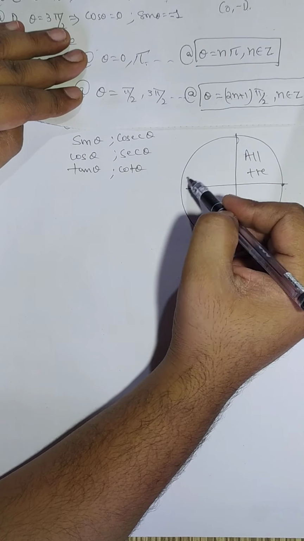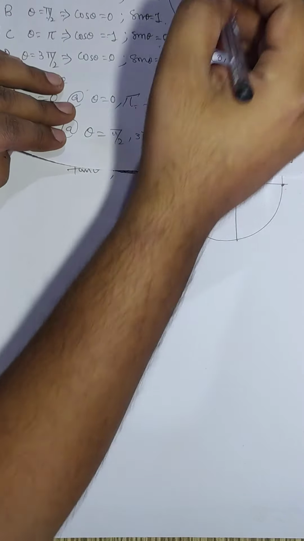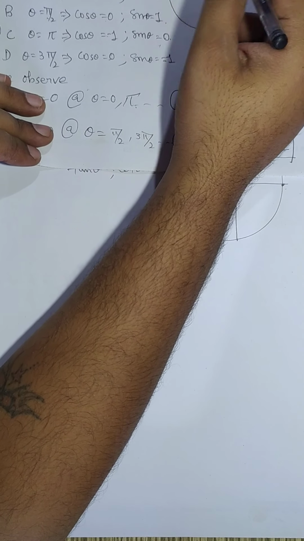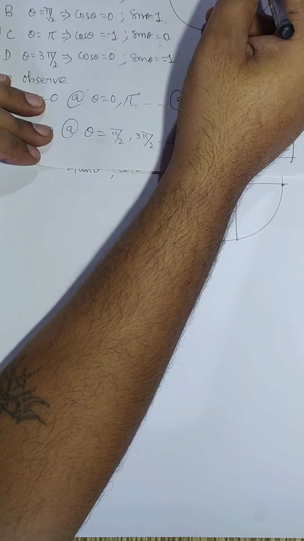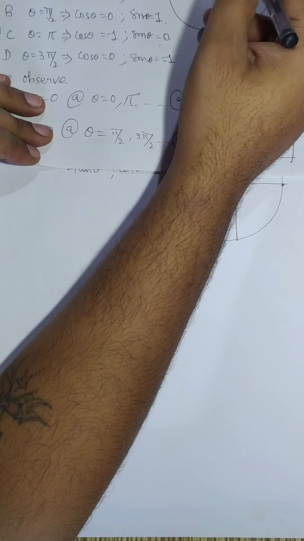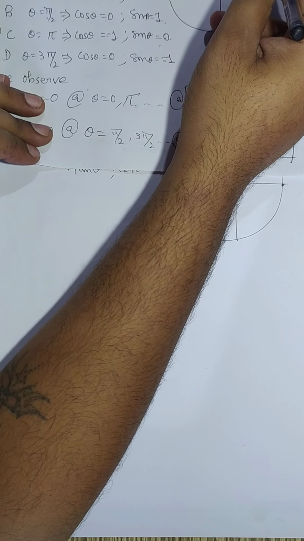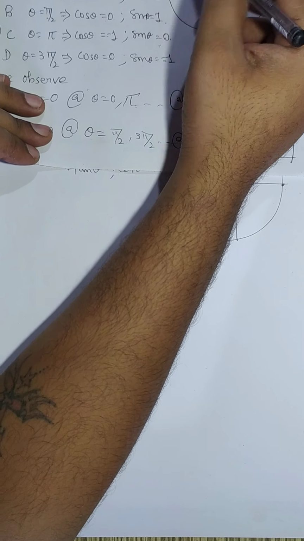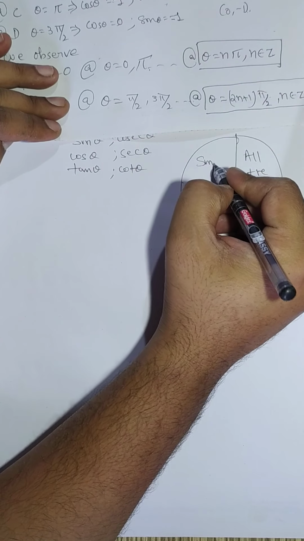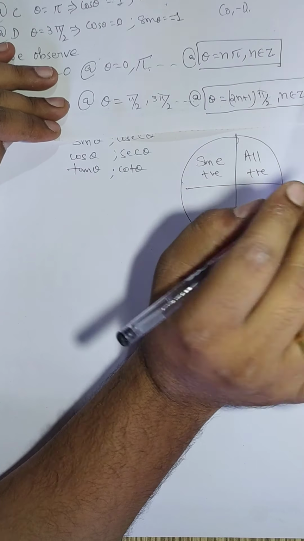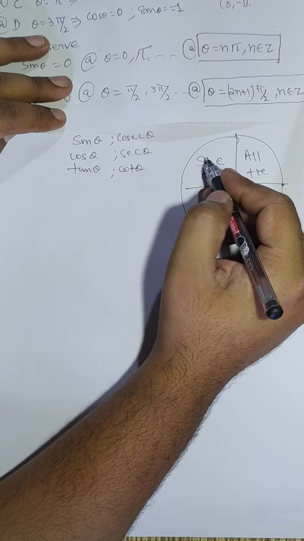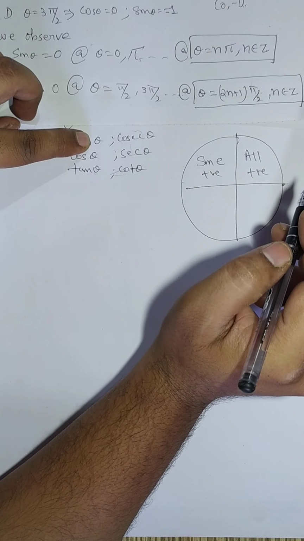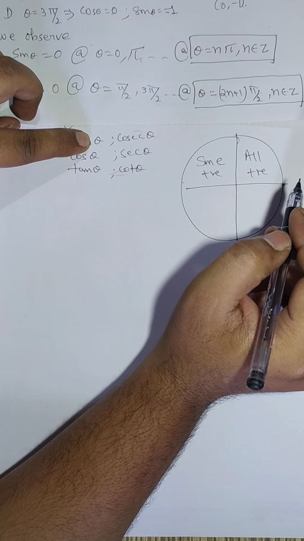Similarly, if we go into the second quadrant, considering the x coordinates going from 0 to minus 1, we have negative values for cos theta, but for sine we have positive values from 1 to 0. So we say only sine is positive here; the rest are negative. Rest means except sine, all these 5 quantities have negative values.